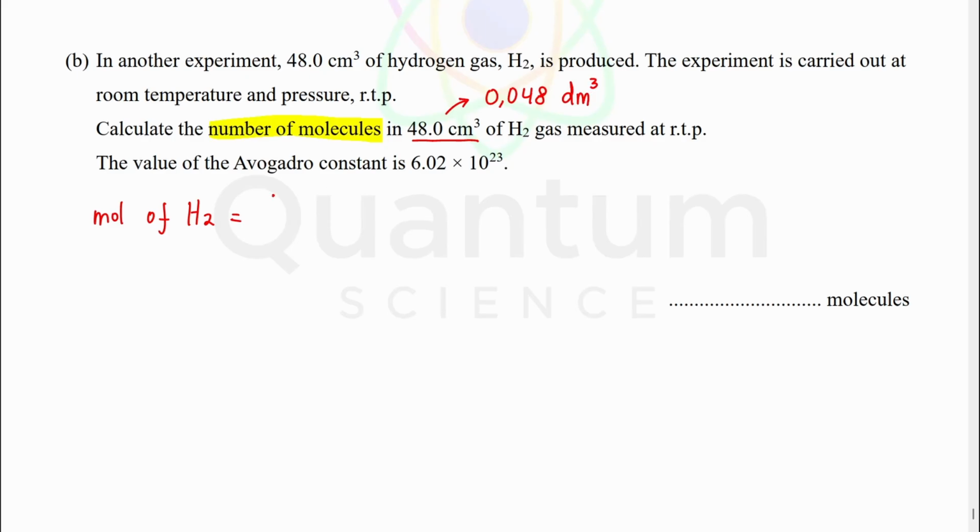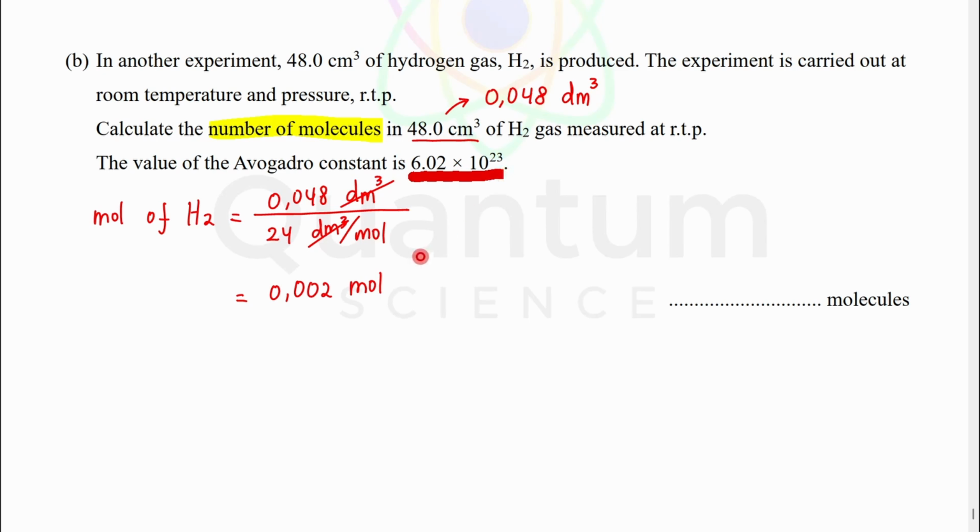Okay, so here is 0.048 dm cube and divide by 24 dm cube per mole. Now you can cross the unit of dm cube, so you will get 0.002 mole.